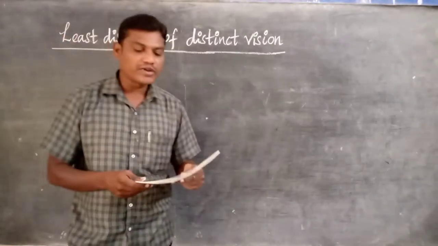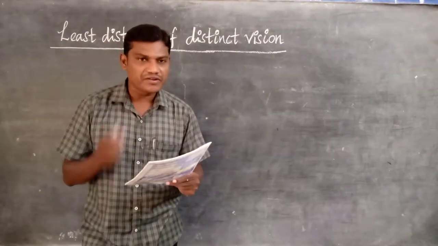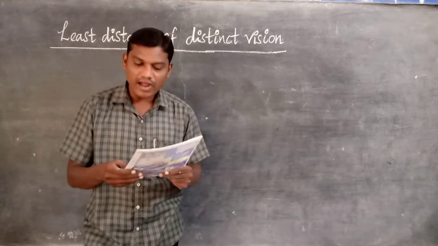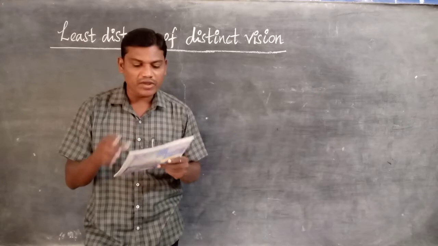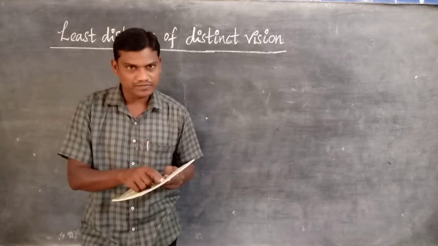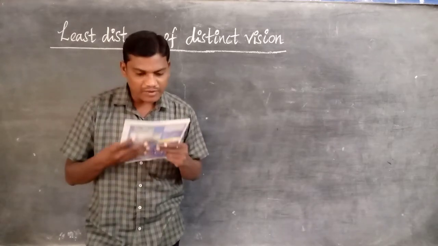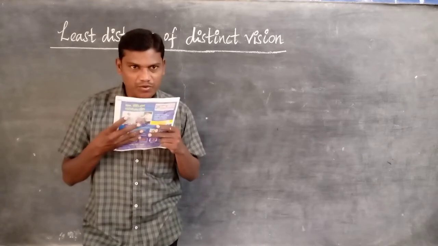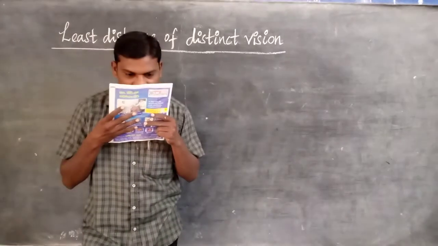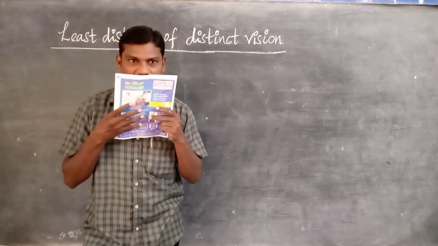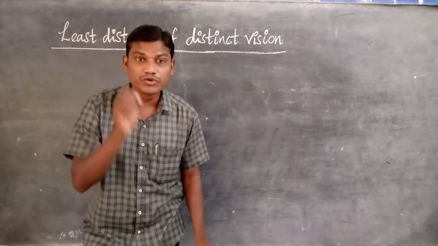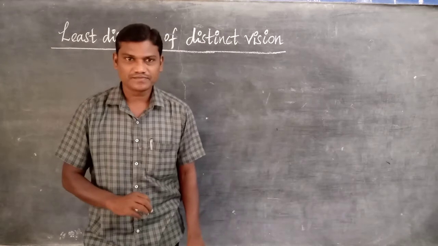First you keep the book in front of your eye and observe the letters. Now bring the book near to your eye and try to read. You are not able to read because the letters appear blurred.